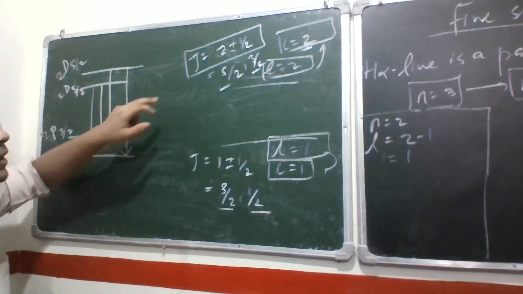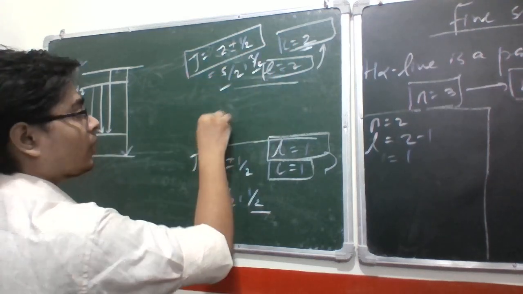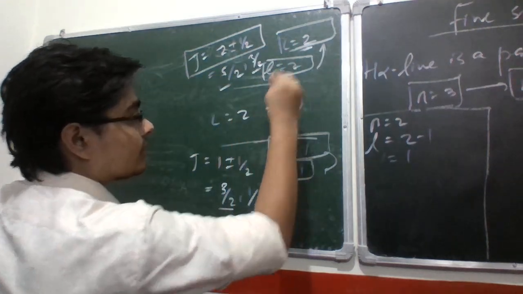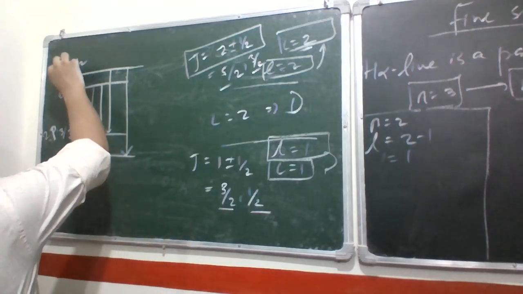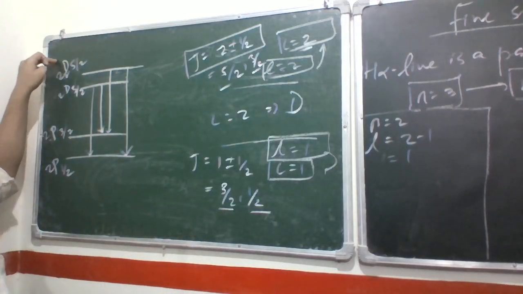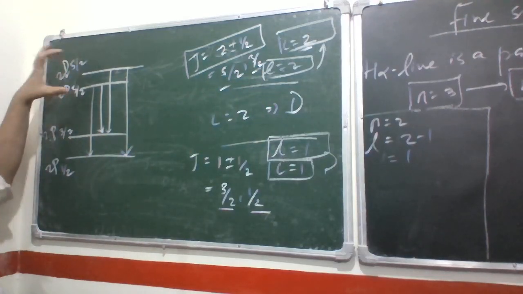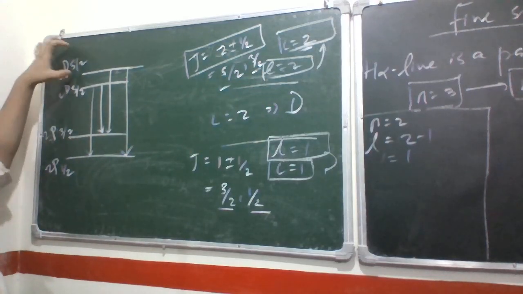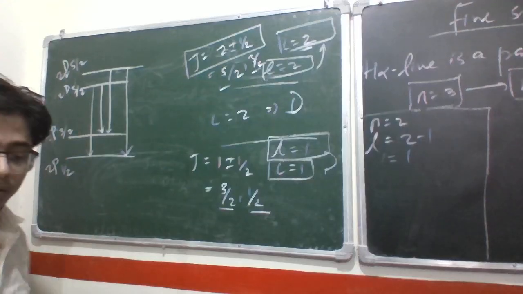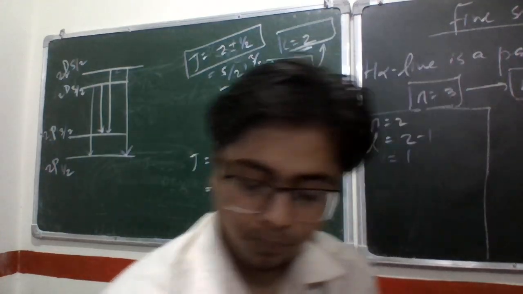So L equals 2 means it's a D subshell. So we write D, and we have 5 by 2 and 3 by 2. These have two components here, and we would get four spectral lines.